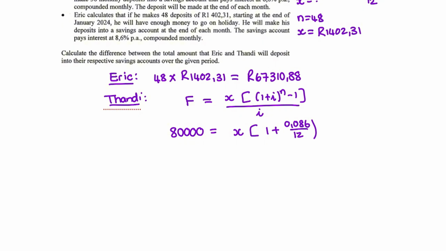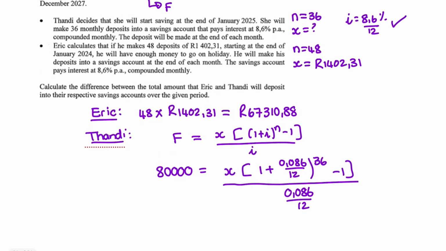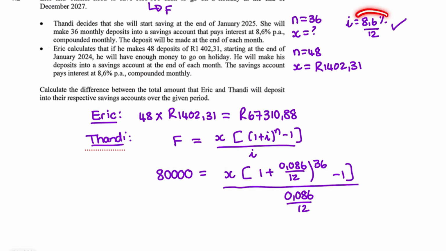Now be careful, the N value is 36. It's not 36 times 12. Over our I value of 0.086 divided by 12. So what I do is I take the 8.6% and convert that to a decimal value, and I divide it by 12 to show the compoundings.